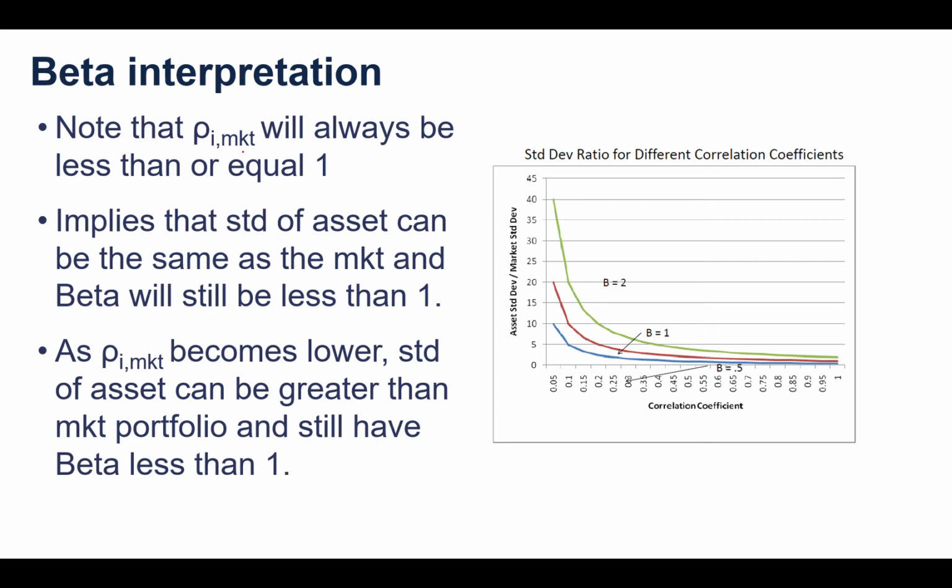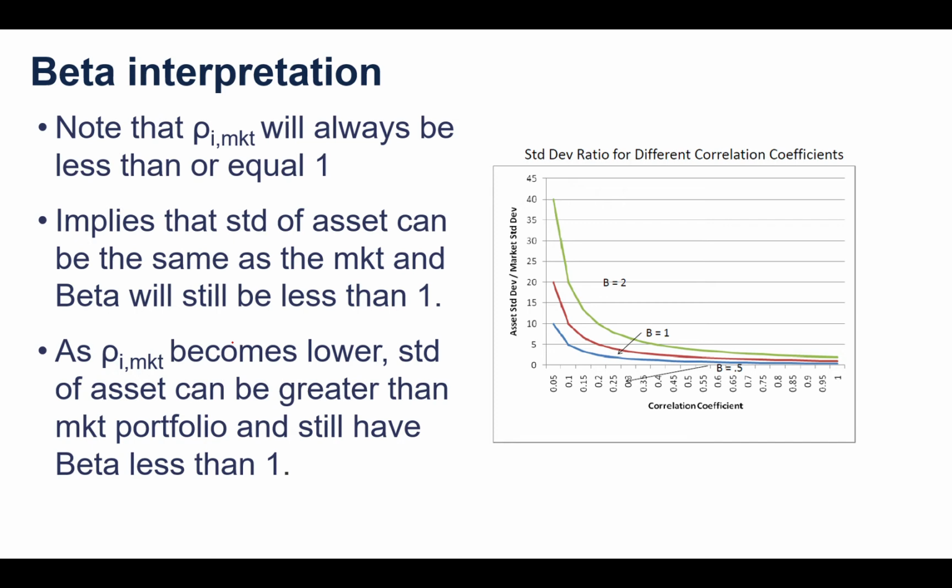So beta depends on the correlation coefficient, which will always be one or less. So even if the asset has the same standard deviation as the market, it can still yield a beta lower than 1, right? Because the correlation coefficient can be lower than 1.